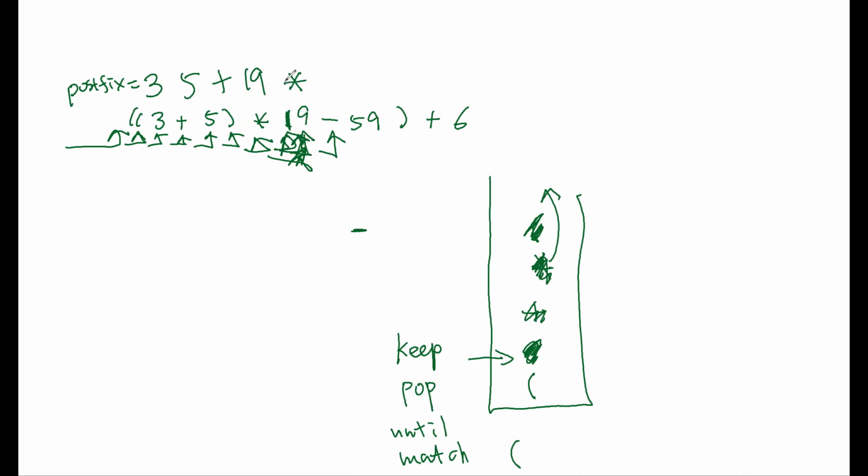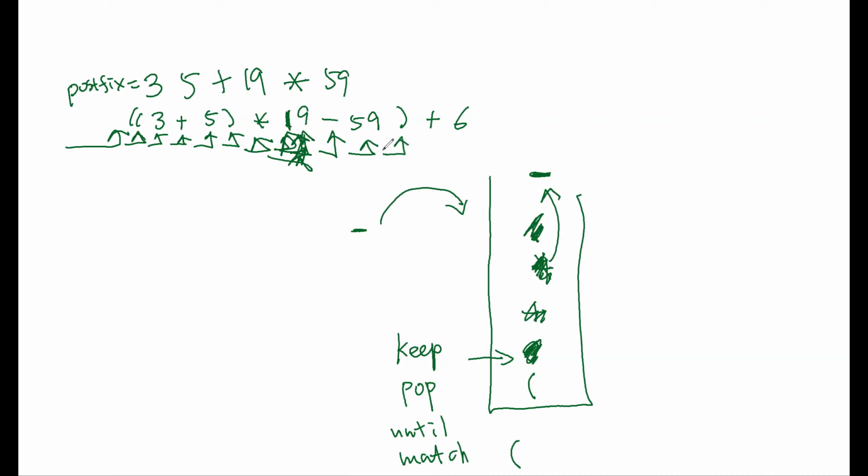You keep doing this until you see the left parenthesis, but there is no precedence between minus and the left parenthesis, so you add it to the stack. Next one, 59, a number, appended to the postfix.